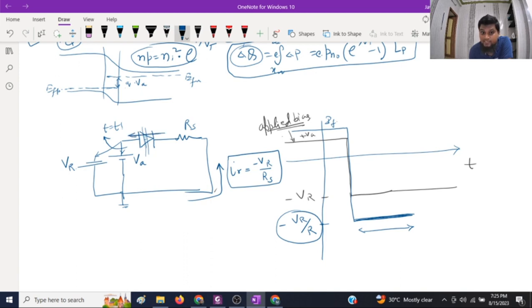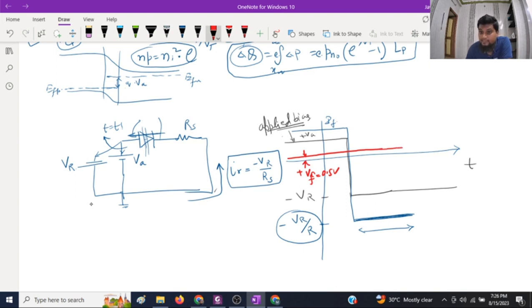Okay, and voltage across it is still VA. Okay, if you plot the voltage across diode, that will still be plus VA. So that will be plus VA forward voltage, that is of the order of 0.5 volts.